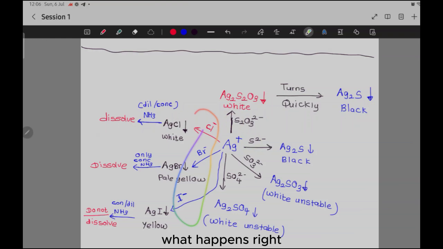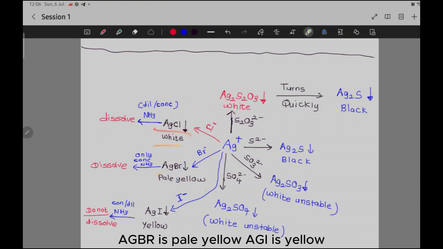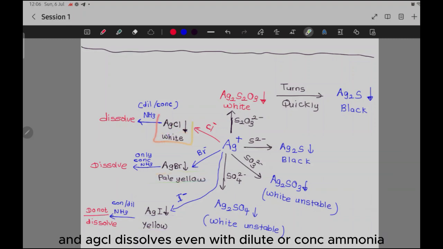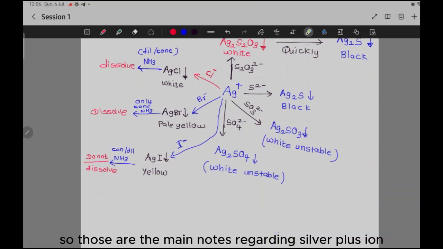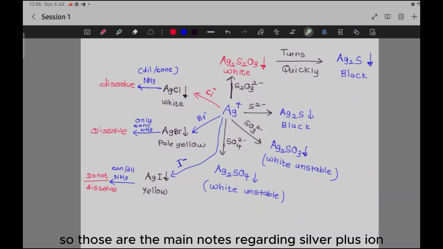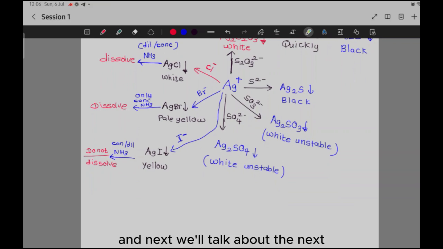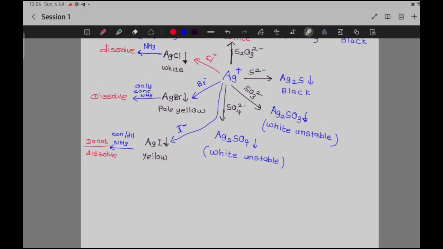So you can say AgCl is white, AgBr is pale yellow, AgI is yellow, and AgCl dissolves with dilute or conc ammonia, AgBr dissolves only with conc ammonia, and silver iodide doesn't dissolve with either conc or dil ammonia. So those are the main notes regarding silver plus ion. And next we'll talk about the next very important person in our syllabus, which is Pb2 plus.